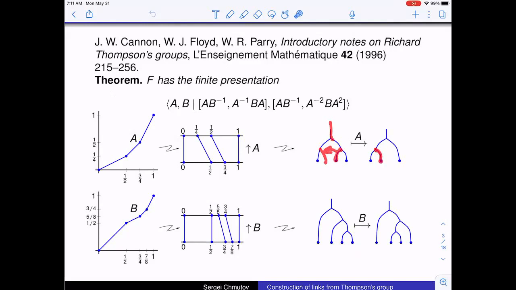So that is the transformation A. And on B, again, from the point of view of the root, I should look not at the first leg, but at the second one to the right. And the second one is moved again to the other side, so it becomes this one to the left. So those are the transformations A and B of the trees, and those are the generators of the Thompson group.